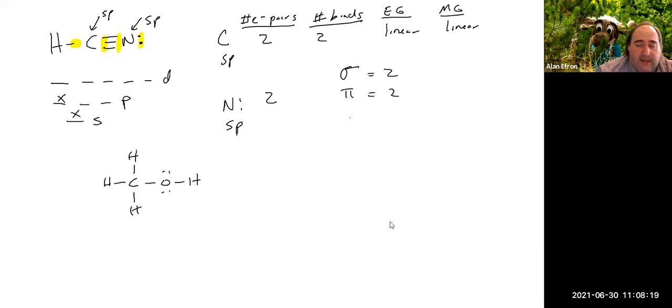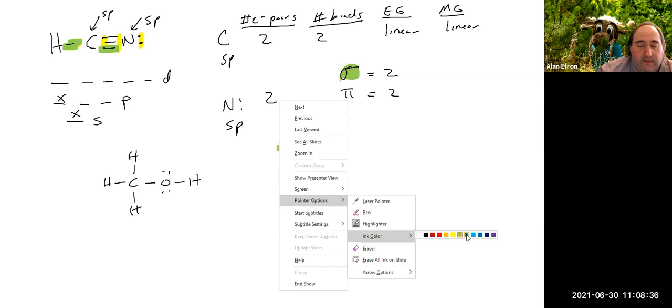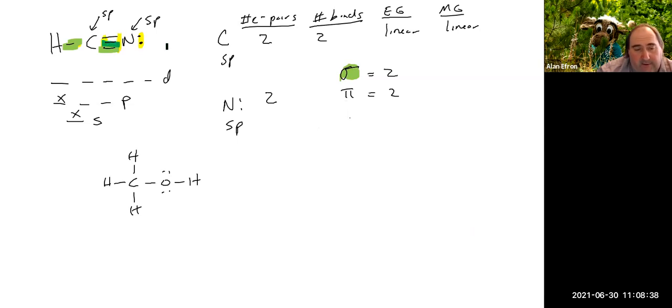Just to highlight those for you, our sigma bond in this particular case would be 1 here, the first line in our triple bond, and our pi bonds would be the remaining 2 lines here and here. Any questions on that one there?